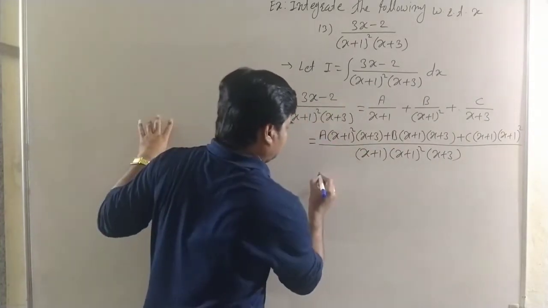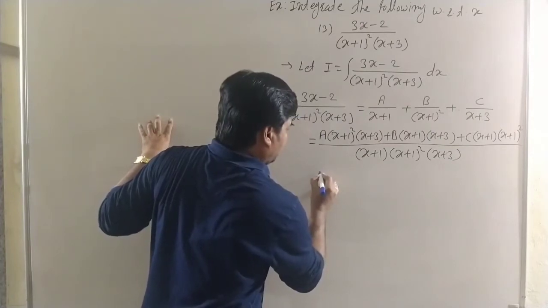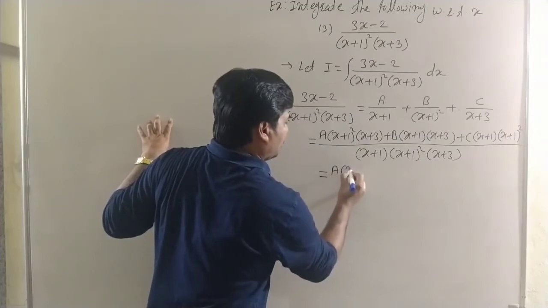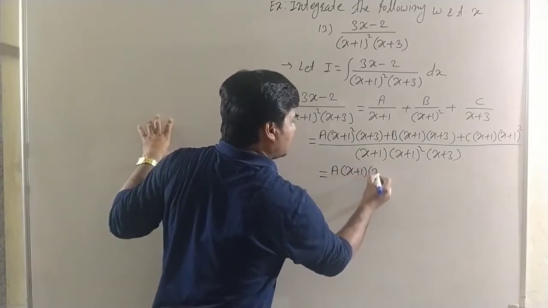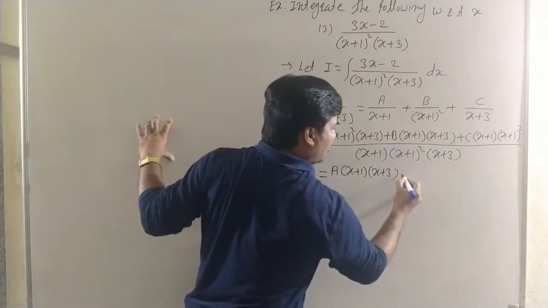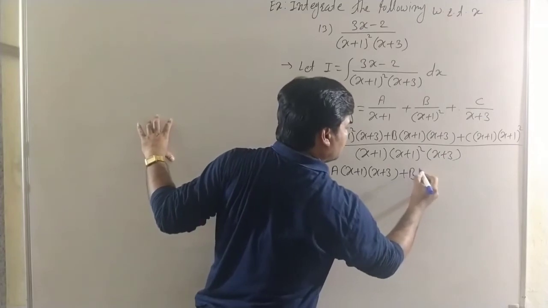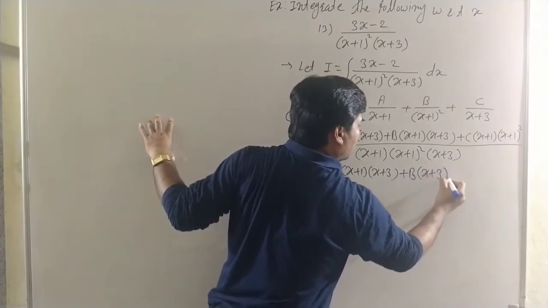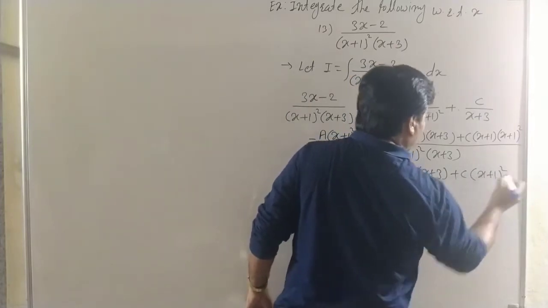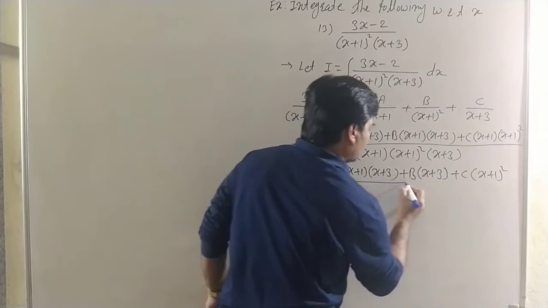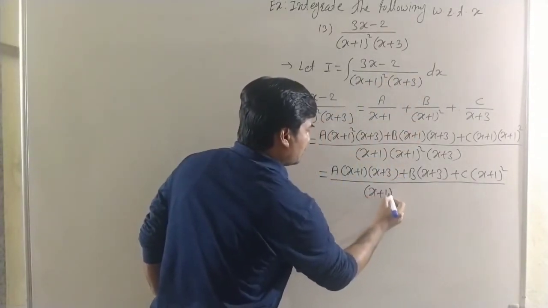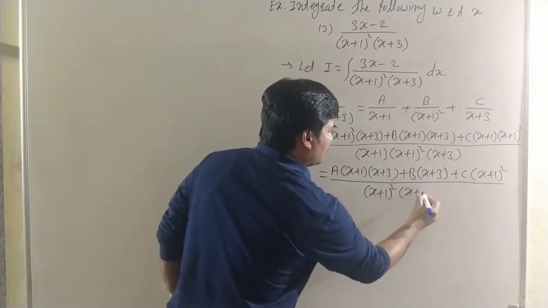See carefully this. Therefore we can write here, taking x plus 1 common, A into (x plus 1) into (x plus 3), plus B into (x plus 3), plus C into (x plus 1) square, whole upon (x plus 1) square into (x plus 3).